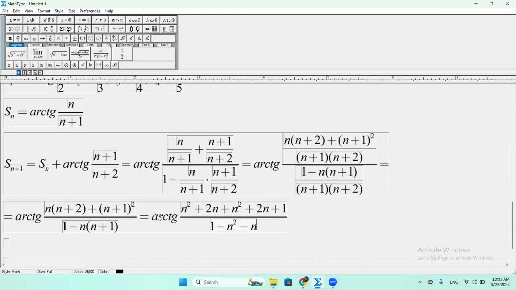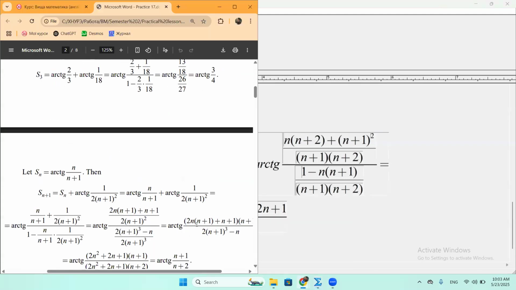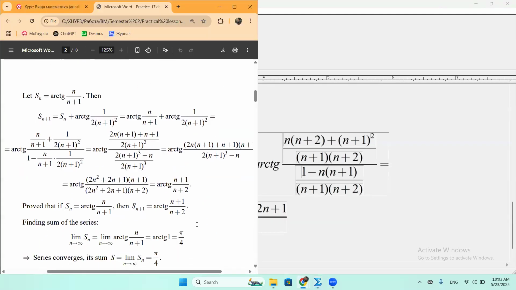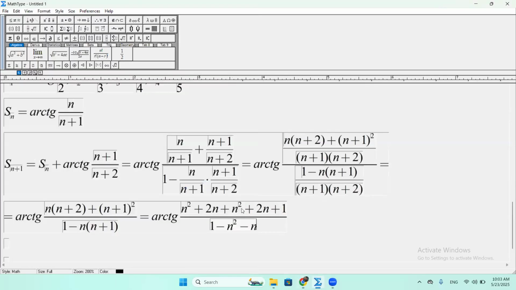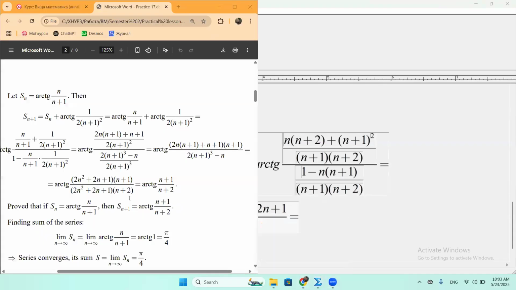Okay. What can be reduced here? I don't see it for now. Okay, let me check my notes. Yeah, so it was regrouped here in the following way. So moved n plus 1 out of brackets. So actually, as we can see here in these notes, yeah, it really will be equal.